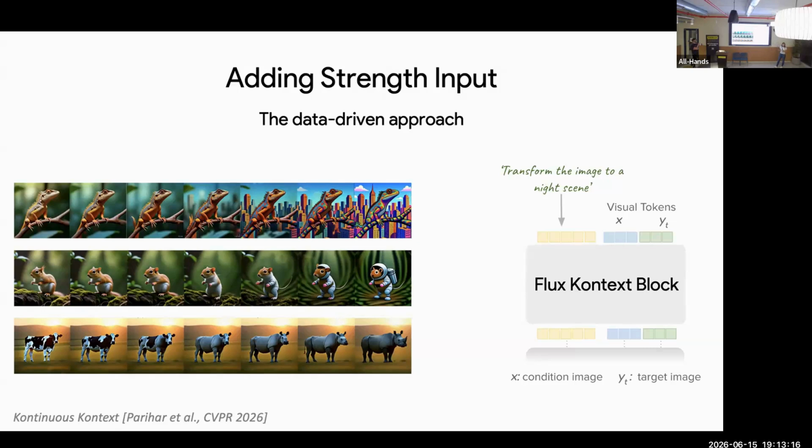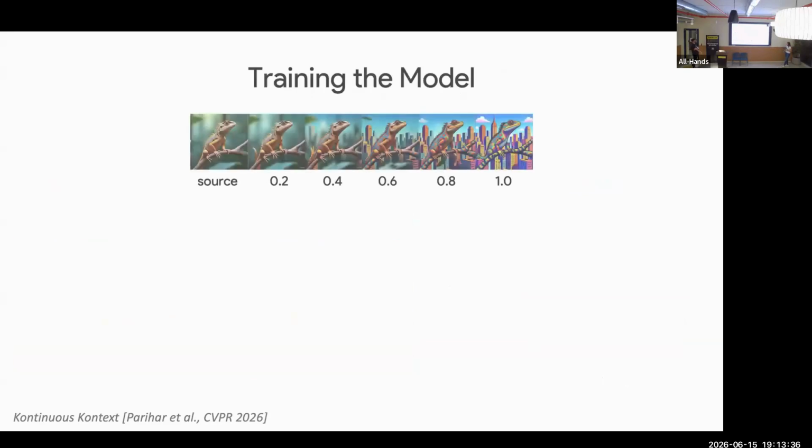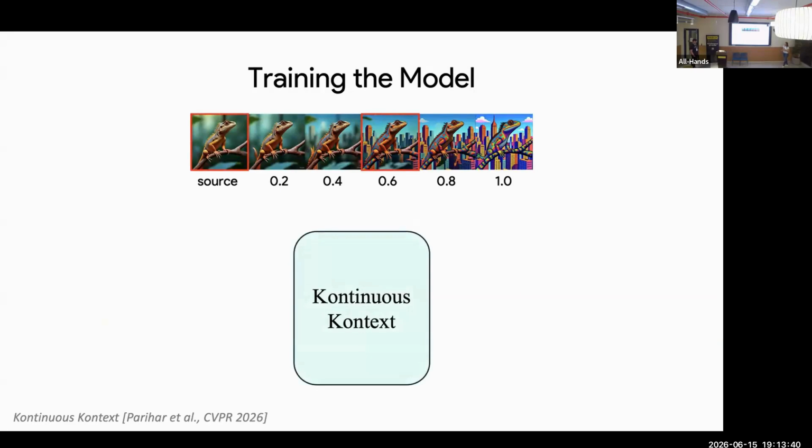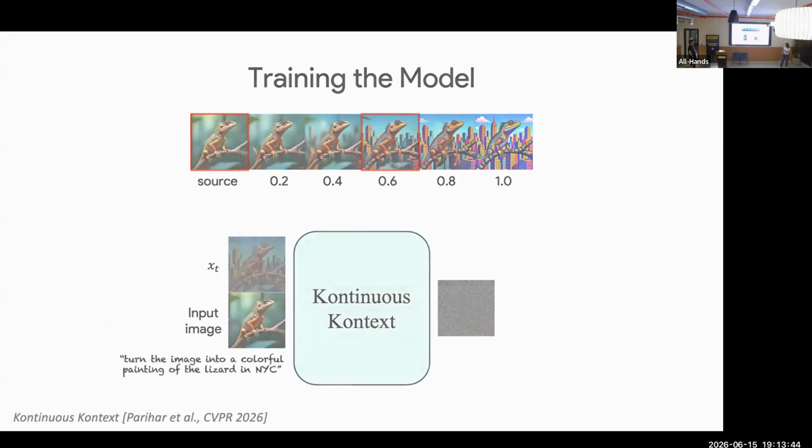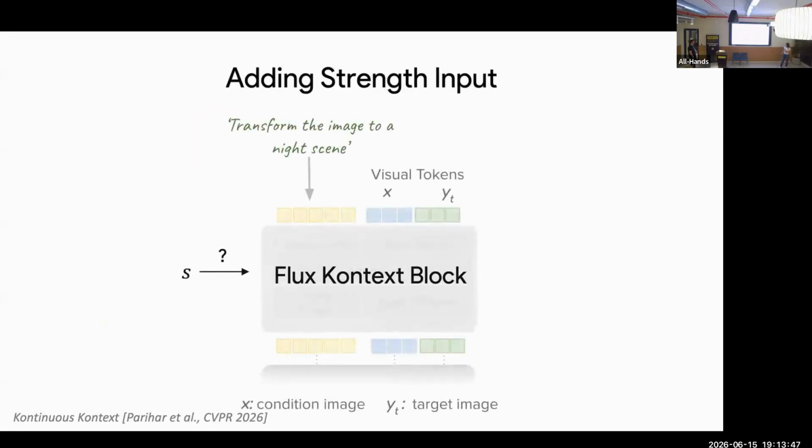We generate data. We generate such sequences that correspond to different editing strengths, and then distill, take an existing image editing model, specifically Flux Kontext, and fine-tune it to accept as input this strength scalar. But basically, I will skip maybe the details, but feel free to check out the paper.